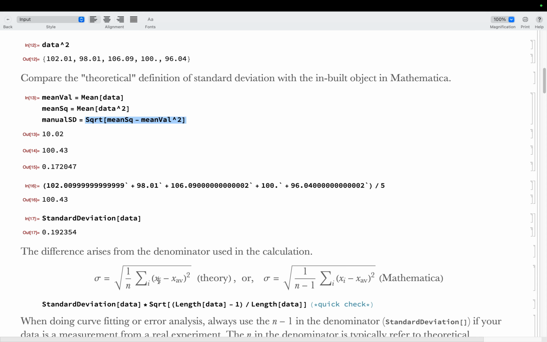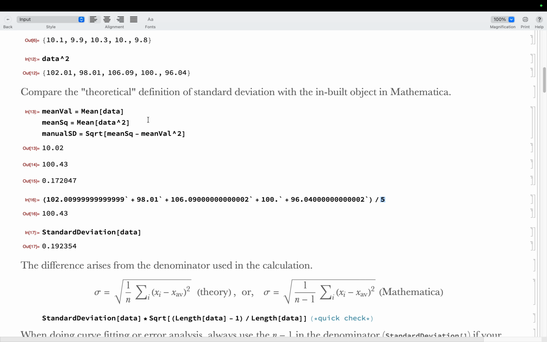Using this formula, x squared minus x average, whole squared, divided over n, because I already divided by 5. When we calculate the mean we divided by 5. When you calculate the data squared and then the mean, this is basically x squared over n.